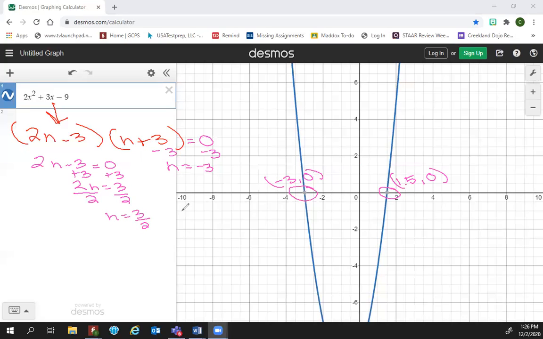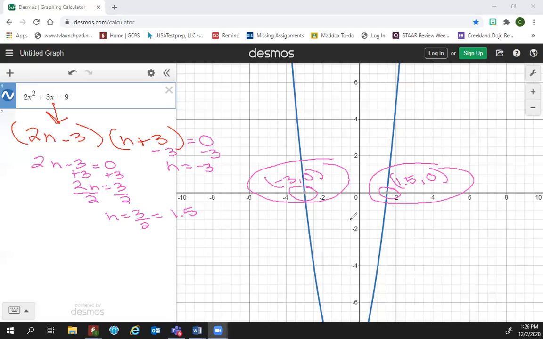So if I had $3 and I was like, hey, Daniel, you can have half of it, how much would I give him? 1.5. So if I had $3 and I gave Daniel half, that would equal 1.5. Where else do you see 1.5? On the x-axis. Yeah.